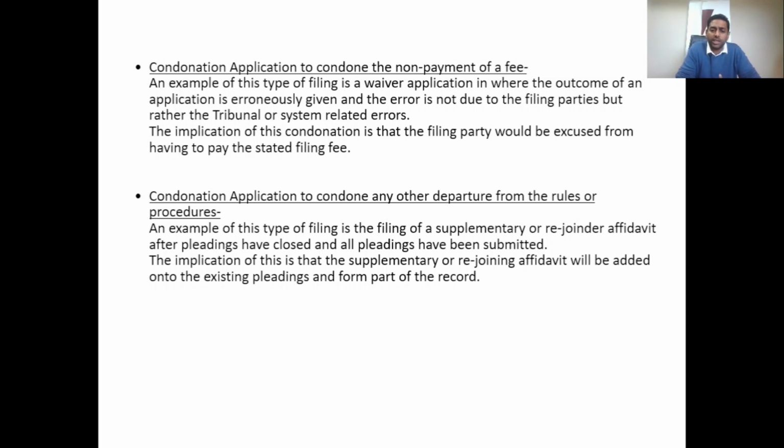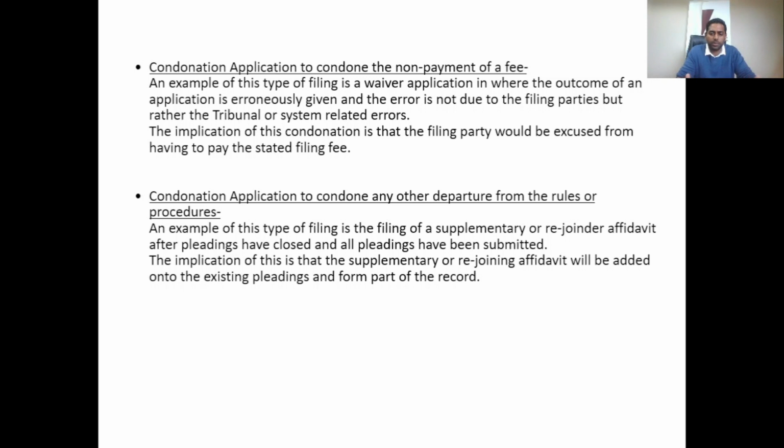In terms of condonation applications to condone any departure from the rules or procedures, this was an interesting one because we've had examples of this. We've had many types of examples, and I'm going to give you the scenario which led to a filing, for example, of a supplementary, or some call it a rejoinder affidavit, depending on the circumstance.